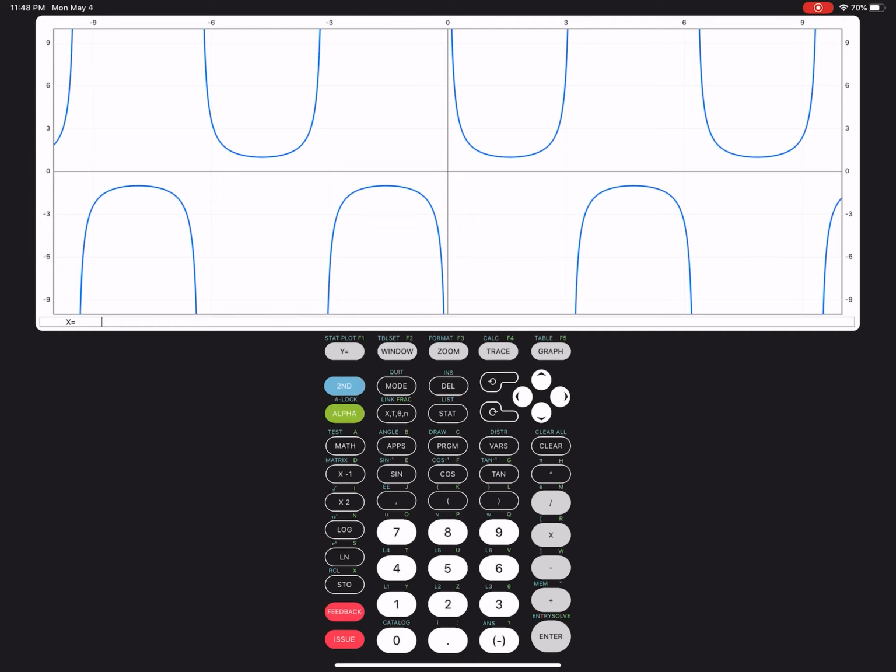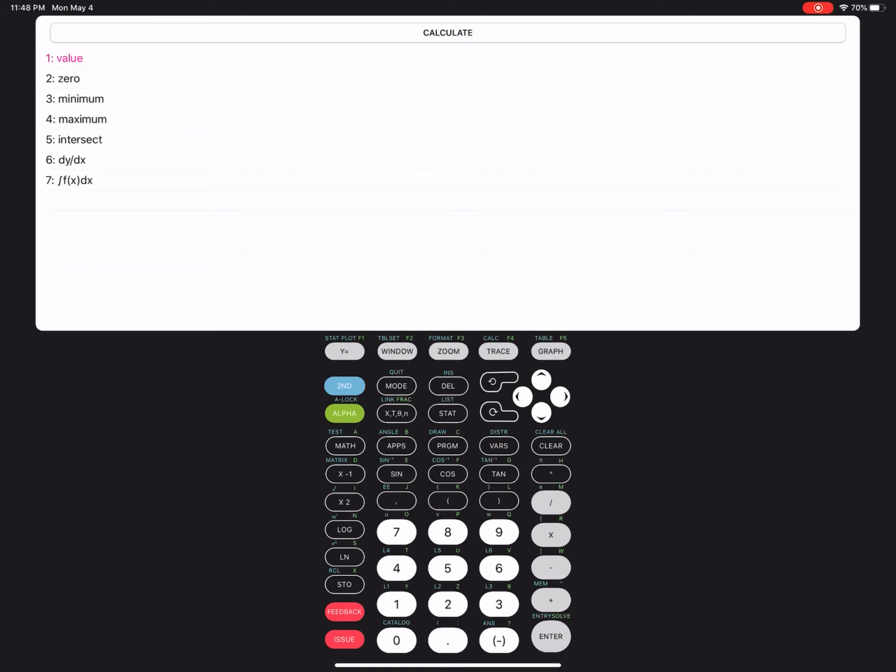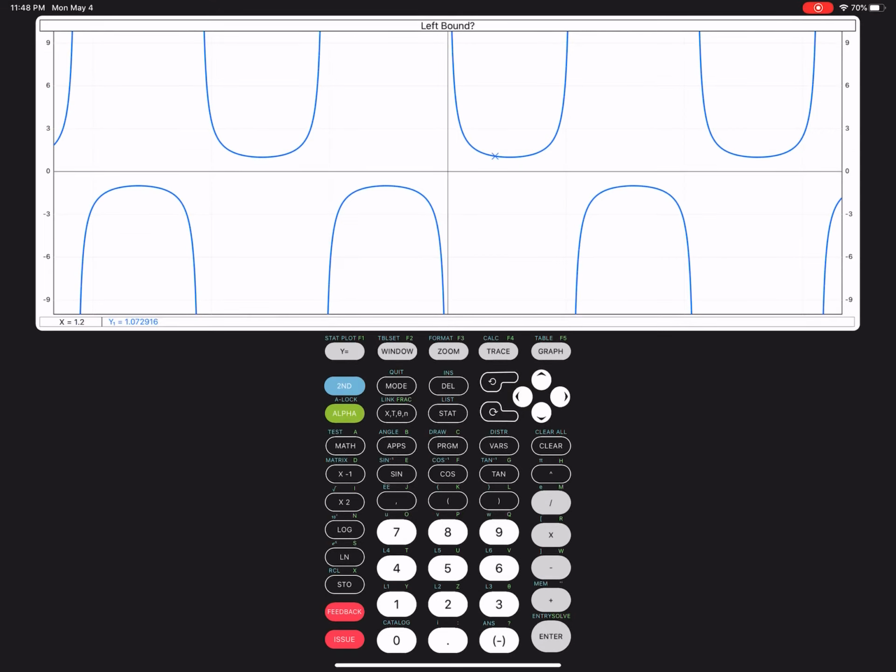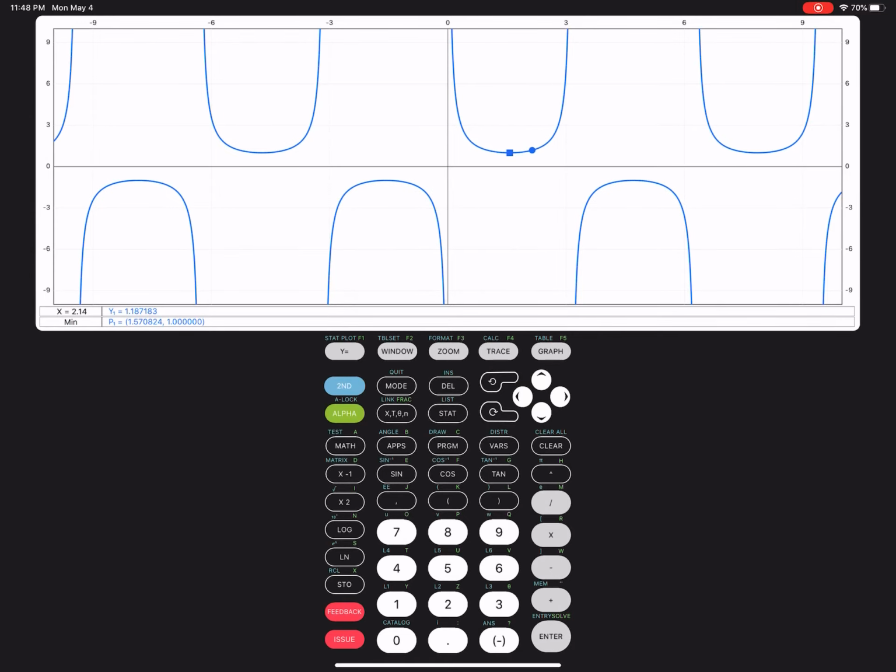If you wanted to find a max or a min here, you could do second calculate and find a minimum, hit enter, left bound and then right bound, and then it tells you the minimum.